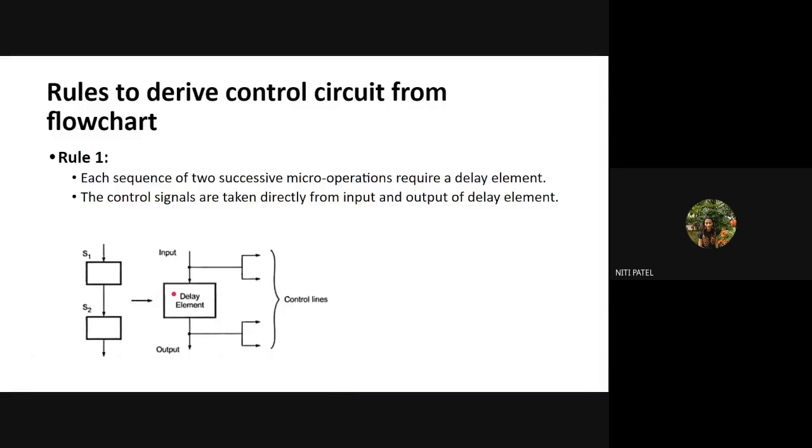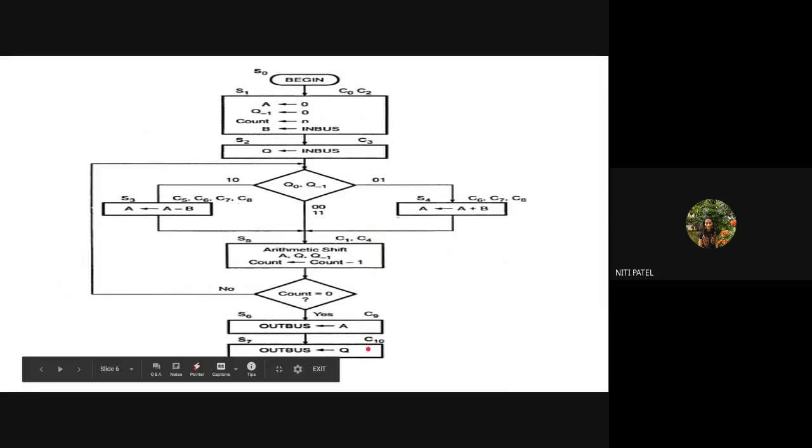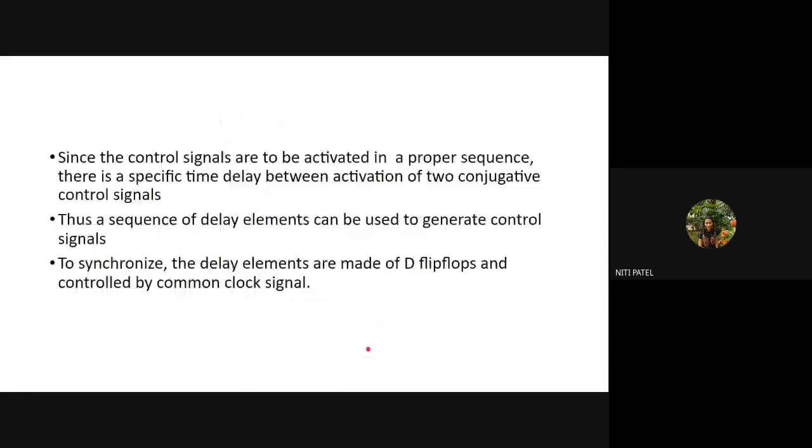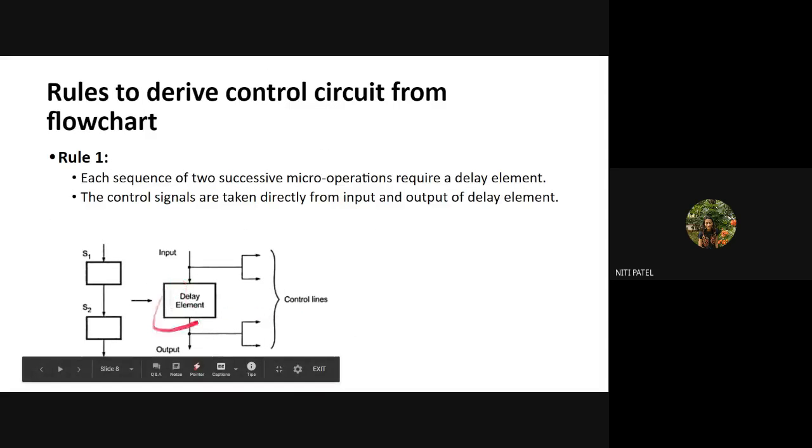Okay, and this rule has to be followed for each and every operation. So when I shift from C1 to C2, again there will be a delay. C2 to C3 delay, C3 to C4 delay, C4 to C5 delay, C5 to C6 delay. This will continue up till however many control signals I have. And how will I put that delay? Through this delay element or a D type flip-flop. That is rule 1.